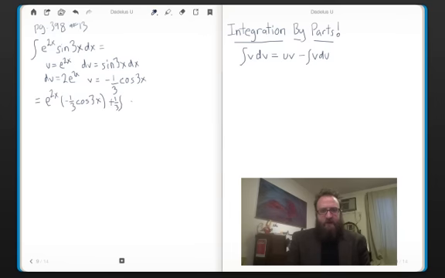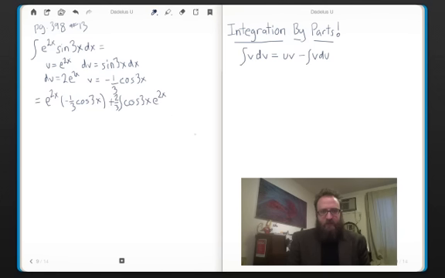And then I'll write cosine 3x times du, which is 2 times e to the 2x. So we're going to go ahead and bring that 2 out as well. E to the 2x we'll put in here, and we'll erase this 1 and put the 2 in the numerator.